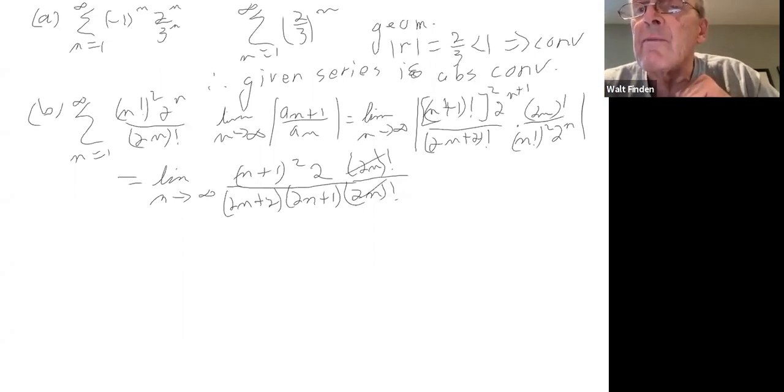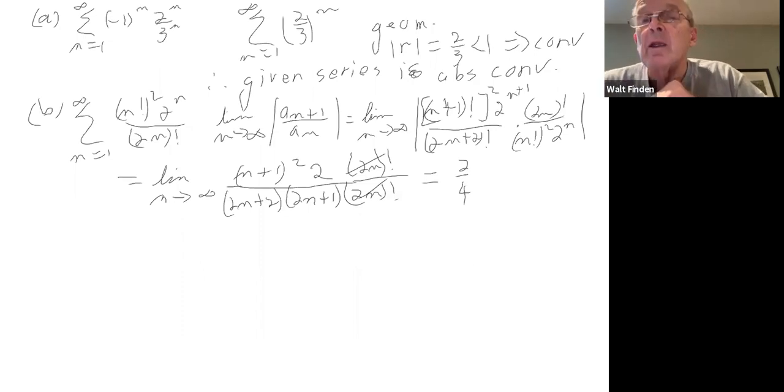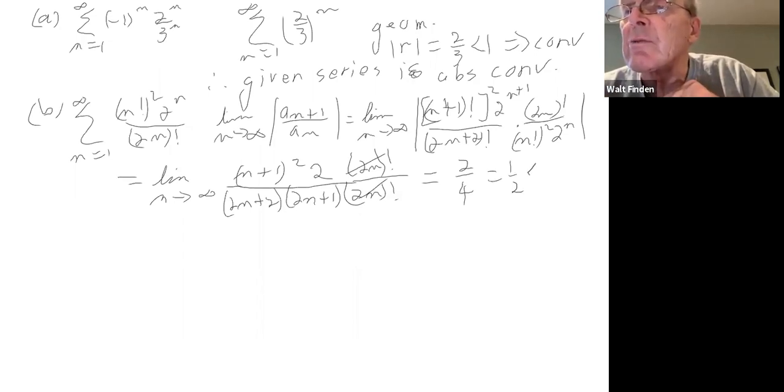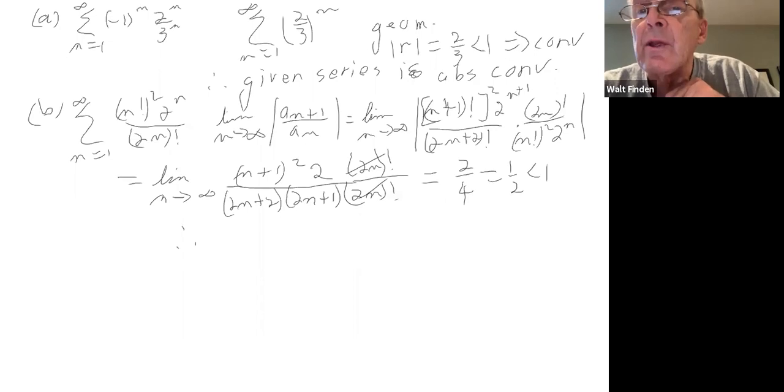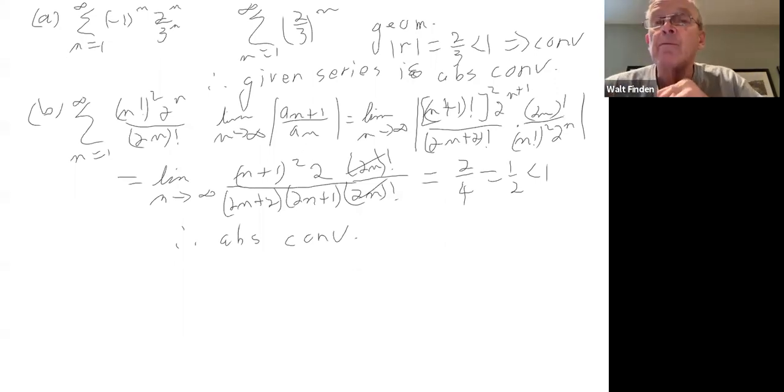And we have, as a limit, 2 over 4. Where did that come from? The dominant term on the numerator is an n squared. It's 2n squared. On the bottom, it's 4n squared. 2 over 4 is the limit. That's equal to 1/2. That's less than 1. Therefore, it's absolutely convergent. And we are finished.